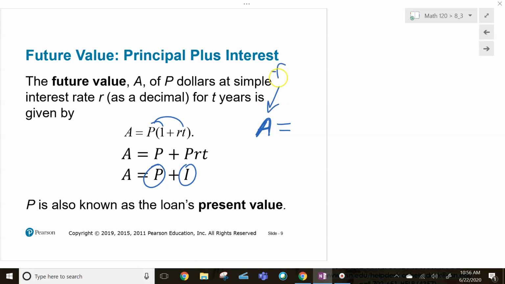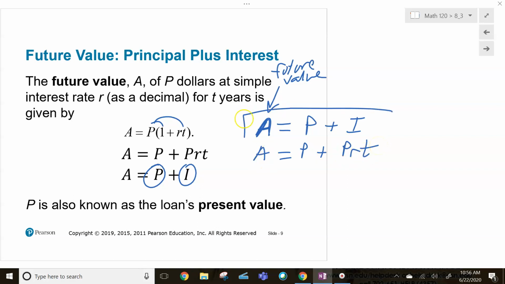The future value, the amount you have at the end, is the principal, whatever money you put in, plus the interest you made on it. So principal plus simple interest, PRT, right? This is how I like to think about it. Your authors like to use it that way.